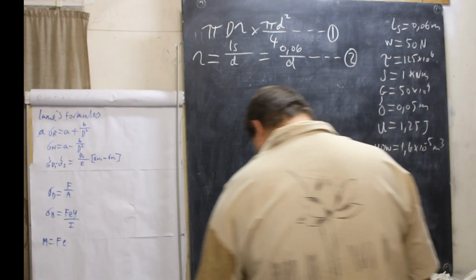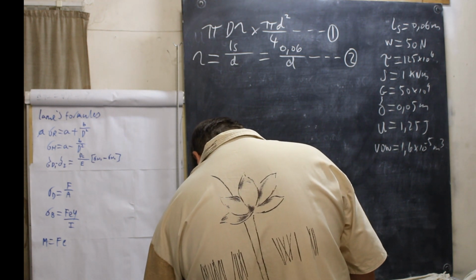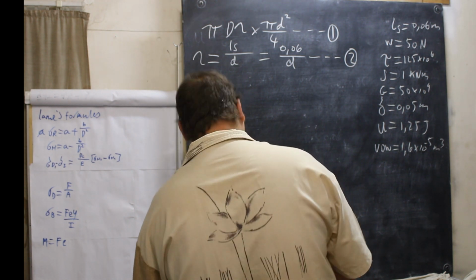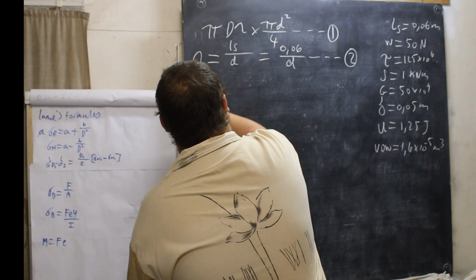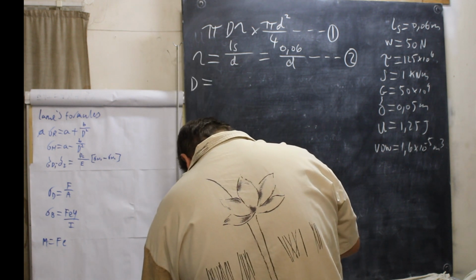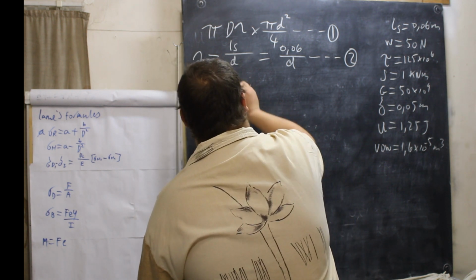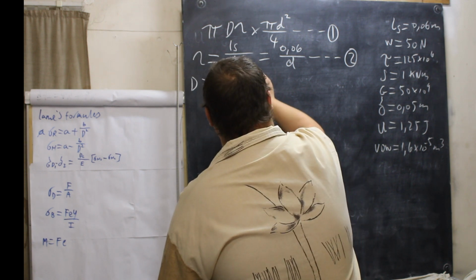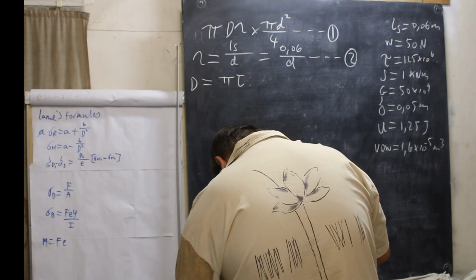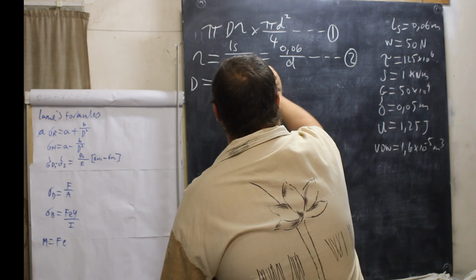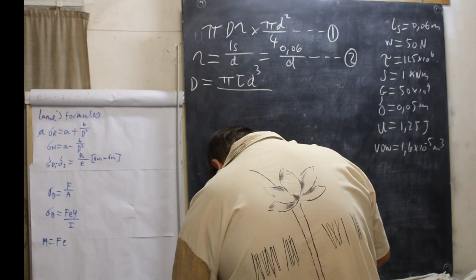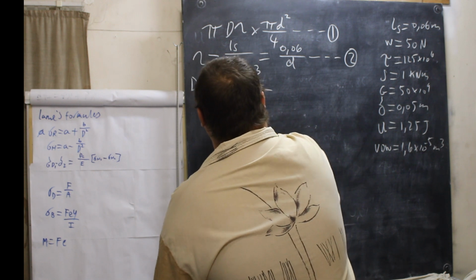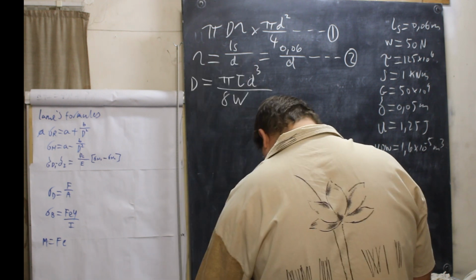Now our third equation. Now we need to find the mean diameter. So the mean diameter is pi tau d cubed over 8w.